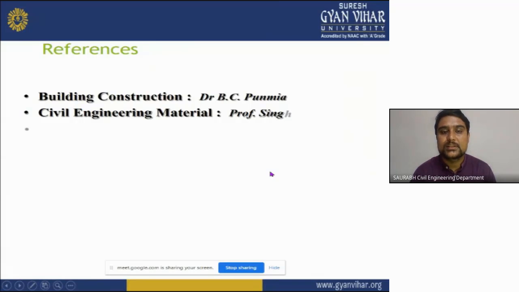If you are a civil engineer, you should know the basics of brick masonry, what is the size, what is the bond, and what are the types of brick components, like we saw today: queen closer, king closer, and half. These are the components of brick which we use during the construction of a wall or column where we can use these bricks.